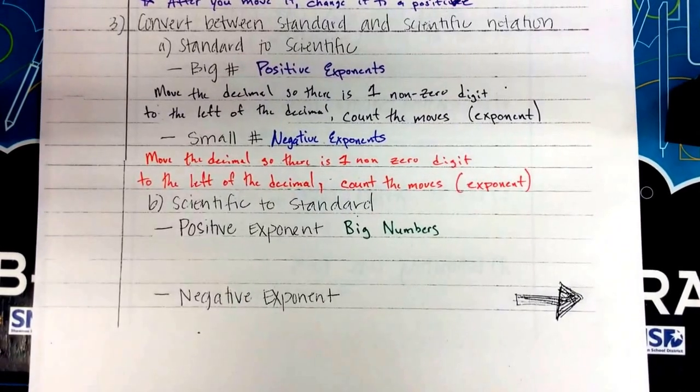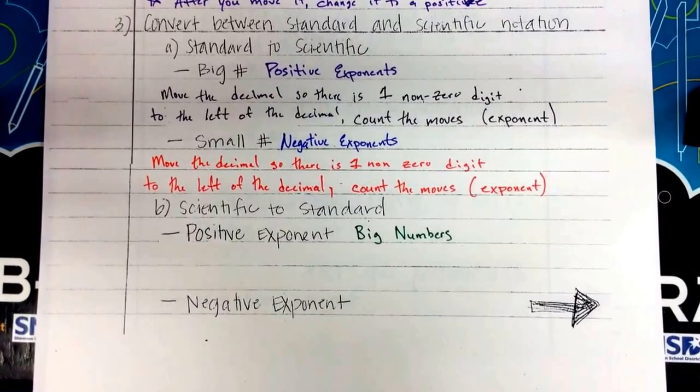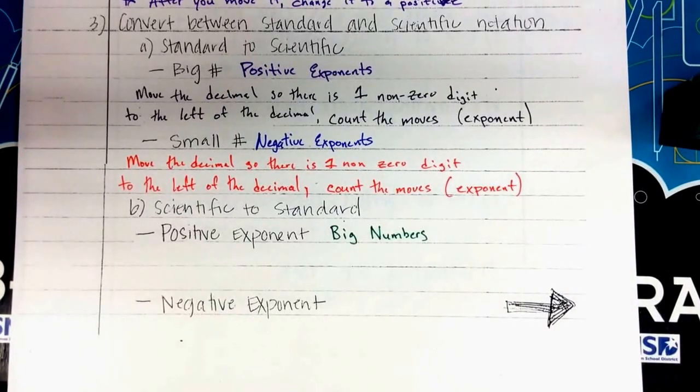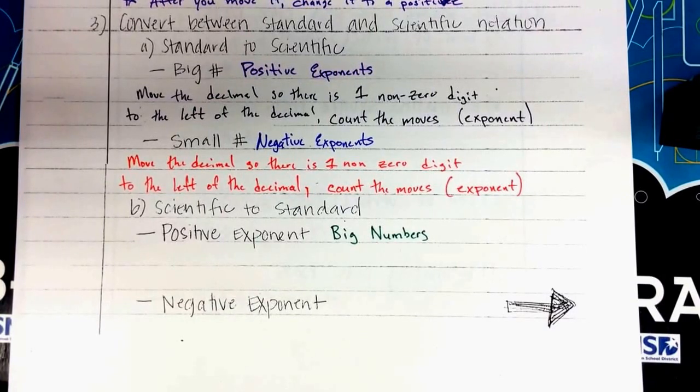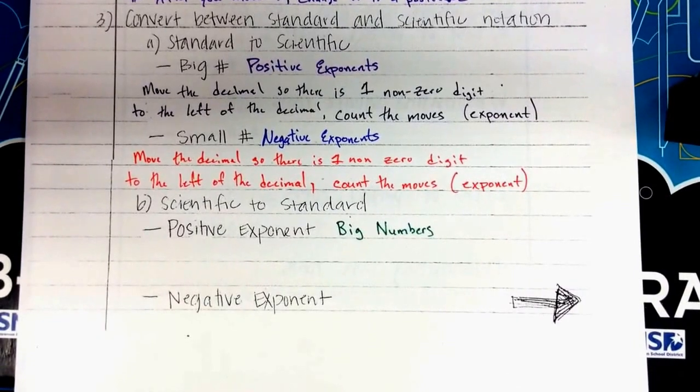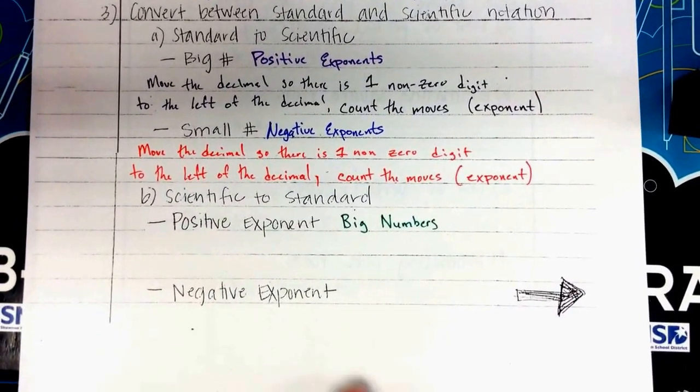What does a positive exponent tell us to do? Which way are we moving the decimal? One more time. Which way are we moving it? We're going to move it to the right. So the exponent tells you how many decimal moves to make right, or in the positive direction.